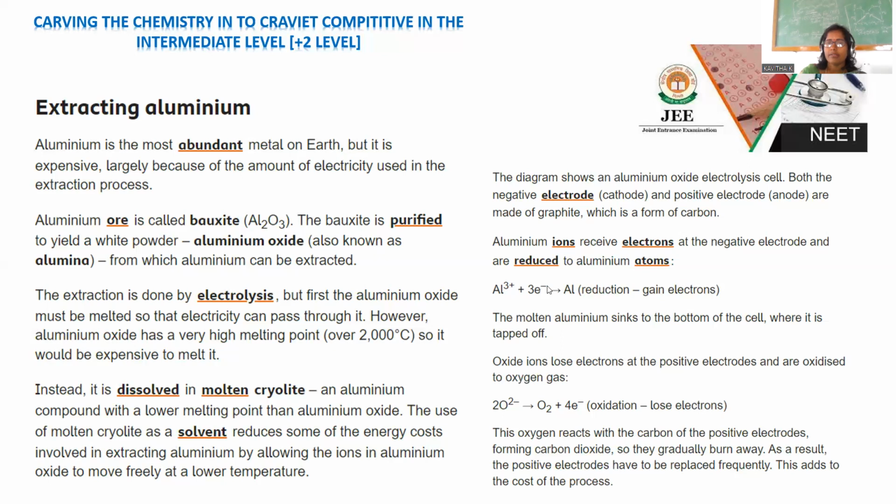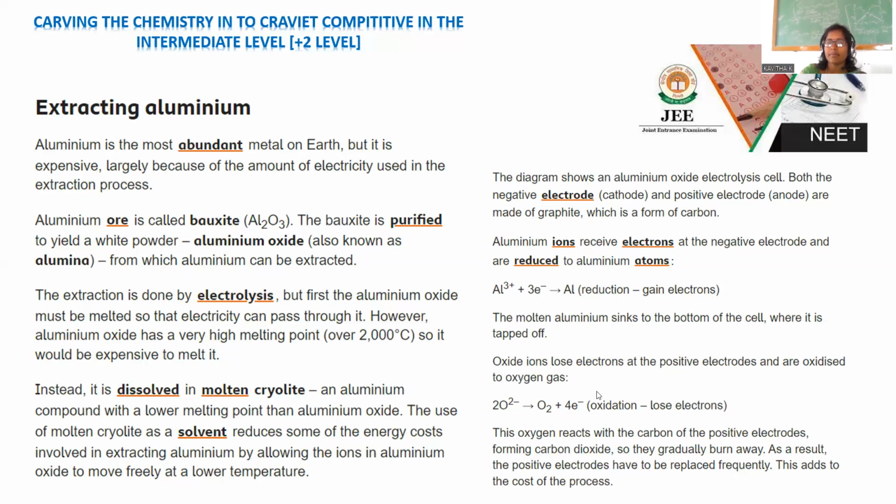Whenever alumina from bauxite ore is treated by electrolysis, the aluminium ion accepts electrons by the process called reduction. The oxygen accompanying aluminium in Al2O3 releases electrons by the process of oxidation.